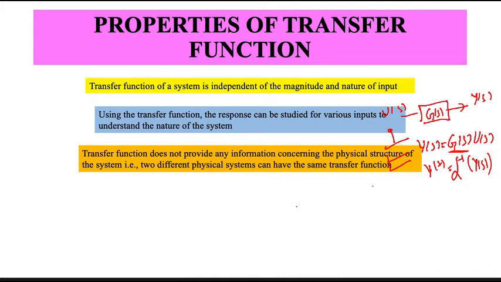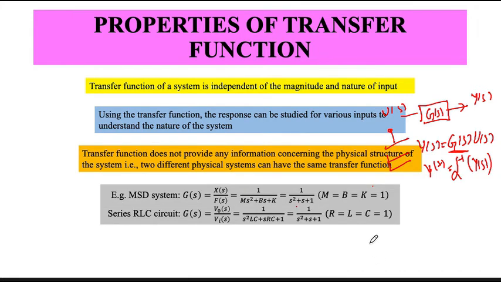So let me take an example of the mass, spring and damper system which we have studied in our earlier lectures. It had a transfer function 1 by (ms square plus bs plus k). So m equals b equals k equals 1, and I have a transfer function like this. And suppose I have an RLC circuit, which we were studying in our previous slides.